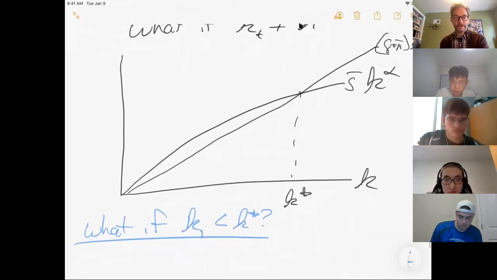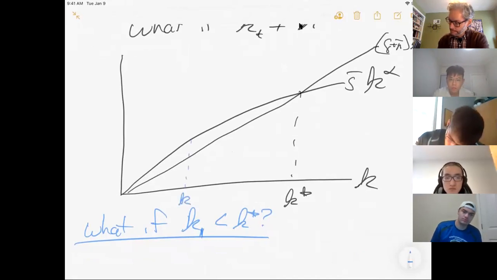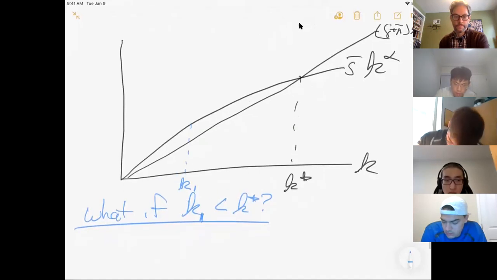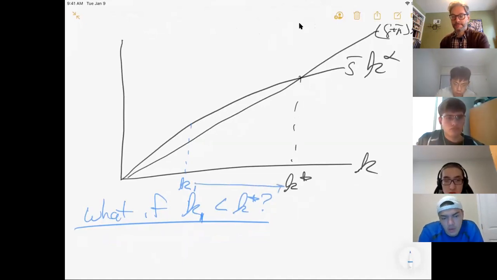So what happens here if we're at a K, we'll call it K1, that is less than K star? So what if we're in this point? What's going to happen over time? Well, first off, do we just jump from here all the way up to our steady state next period?